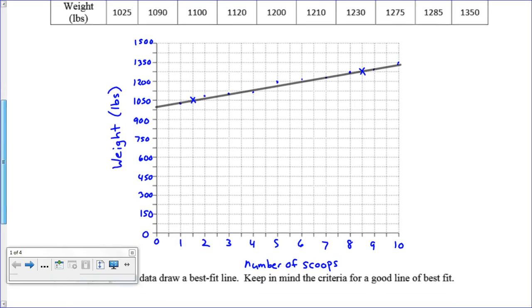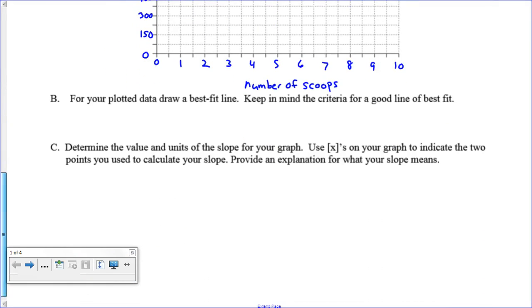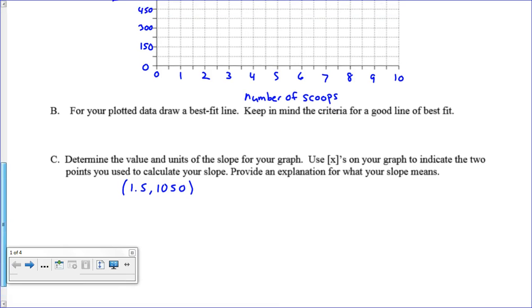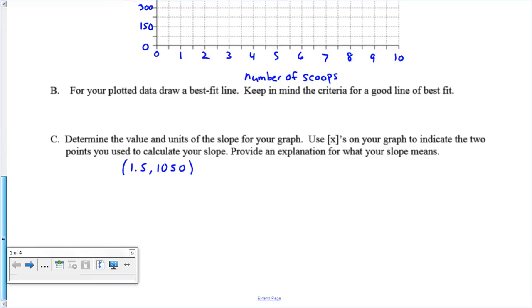The first one is at 1.5, 1050. The second one is at 8.5, 1275.